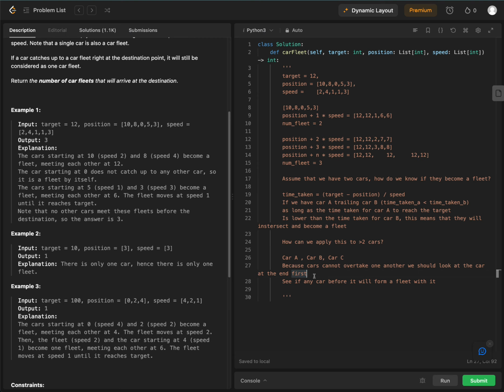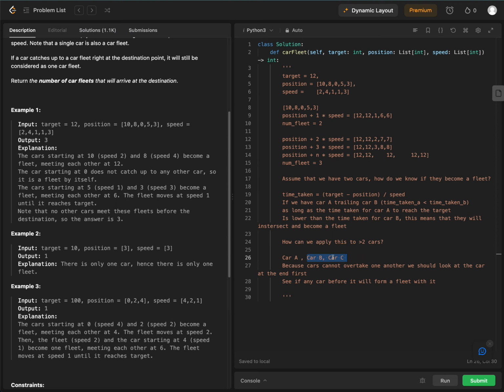So let's say we start from the car at the end, and then we check car B and car C, right?